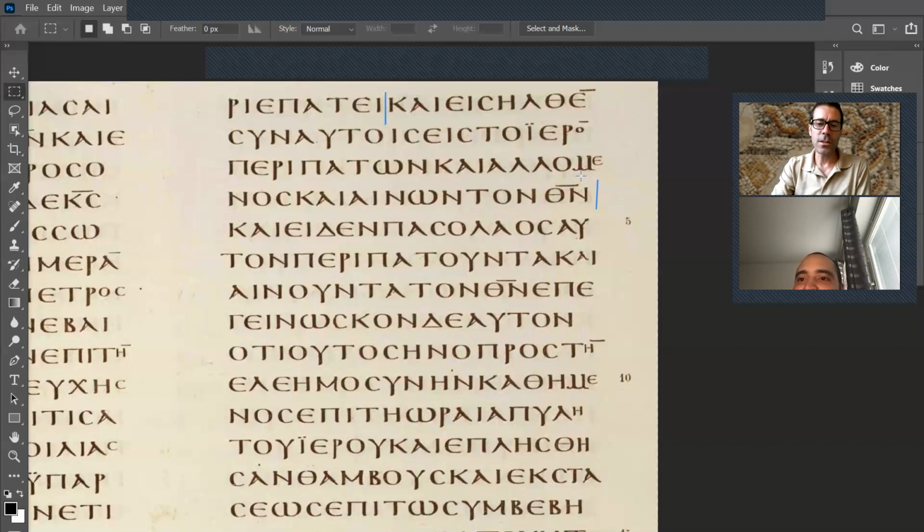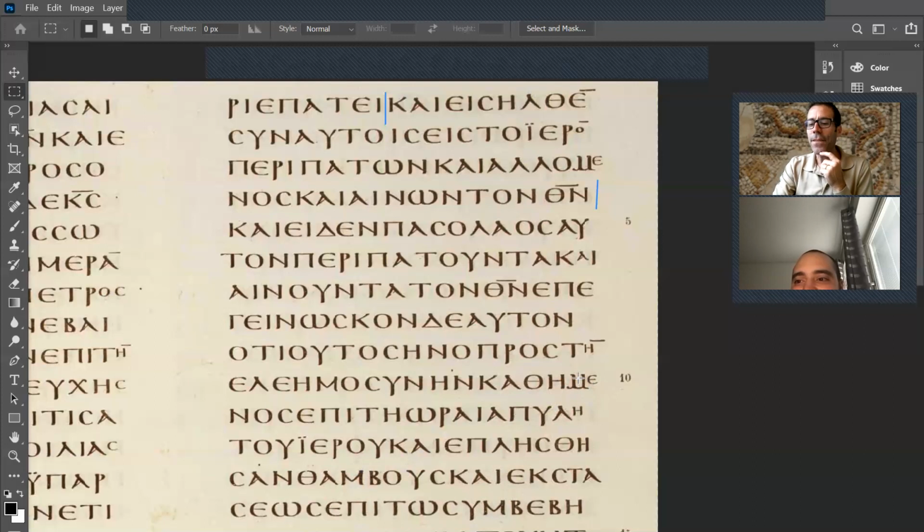For some reason, the scribe makes the mu like this, though not in all cases. Here is the normal mu, and here's another case of the artistic mu.